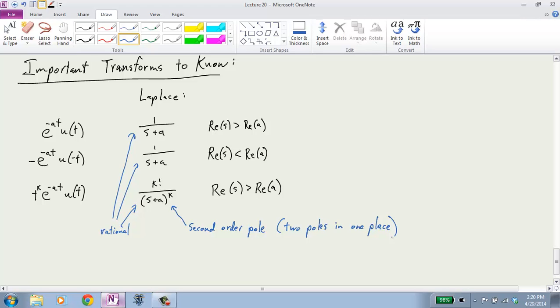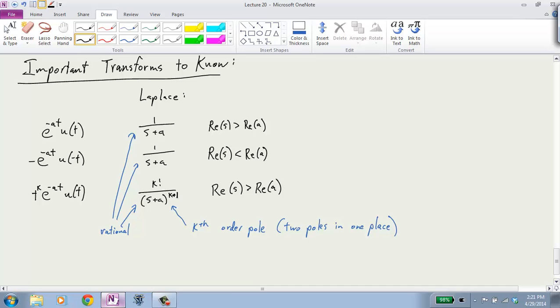Oh, sorry. Yeah, kth order. See, my mind is in different places. So it's a kth order pole. So for example, we would be interested in just t e to the negative at. Then that would be a second order pole. Wait, hold on. I'm off here. K plus 1?